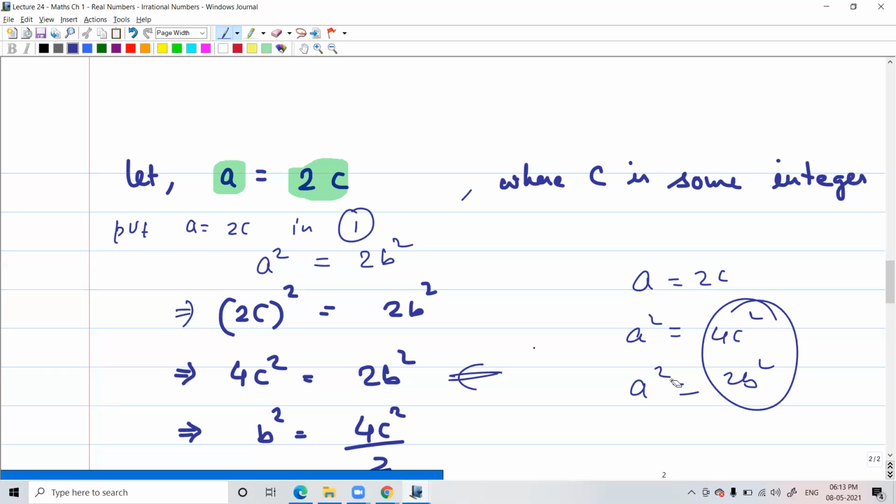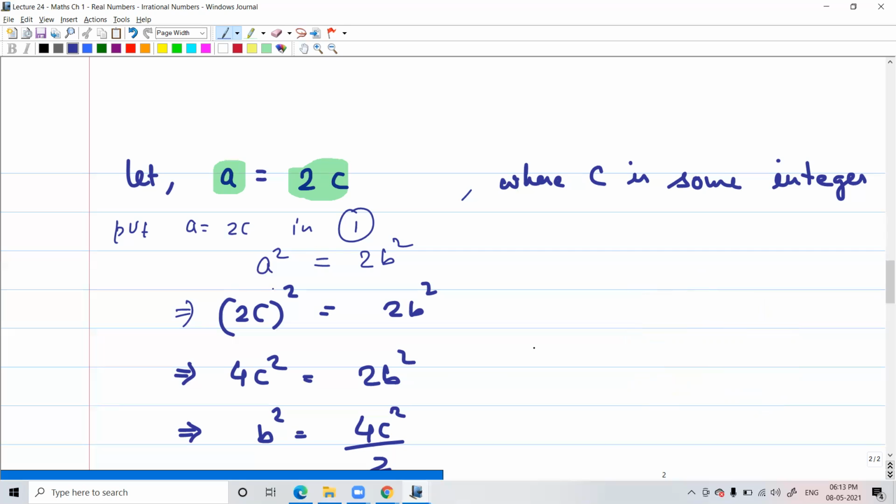But this kind of placing the value you should get comfortable with. When there is some equation like this, you should be able to put a is equal to something. For example, when you used to have the (a plus b) whole square identity, it is a square plus 2ab plus b square. You used to put some value of a, right? I can put a is equal to 3 and b is equal to x.